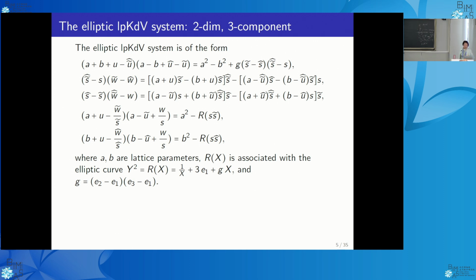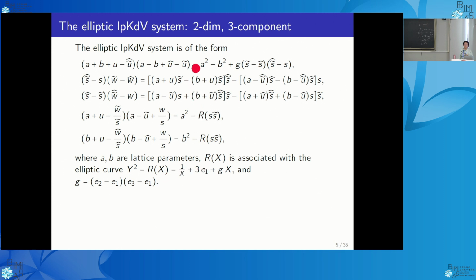A and B are lattice parameters, and the variables are u, s, and w. Note that in this system, we have a part related to the elliptic curve. In this case, the elliptic curve is written in this form. e1 and g are the moduli of the elliptic curve.